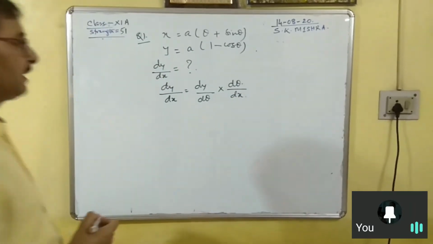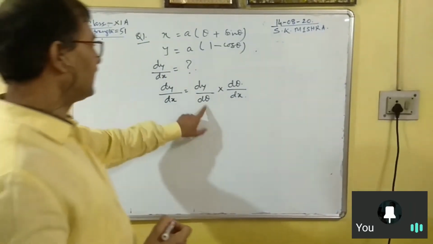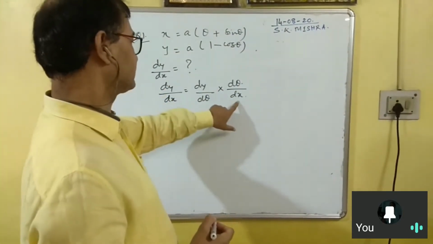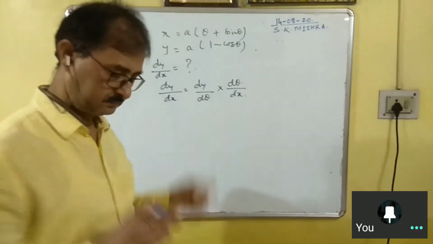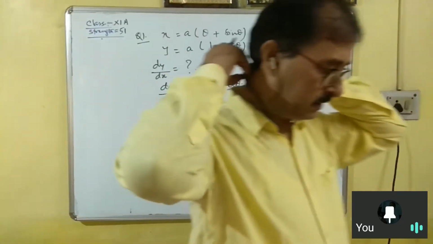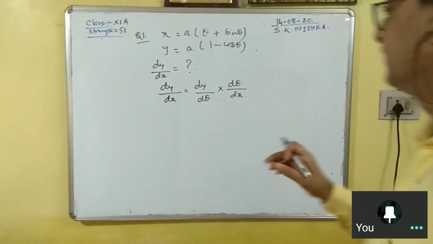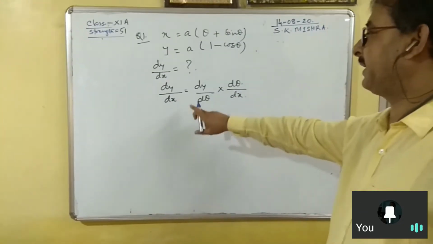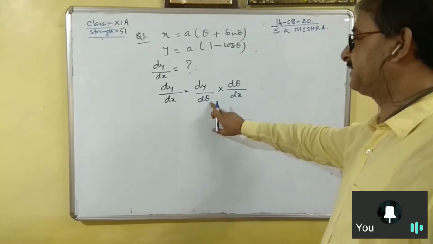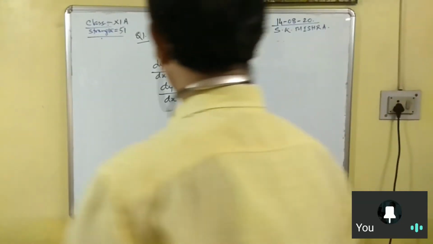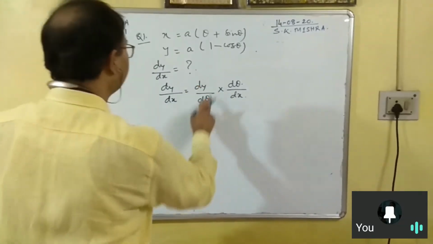See, d theta will cancel out, so you are getting finally dy by dx. So dy by dx can be written as dy by d theta into d theta by dx. Now, how will you find dy by d theta?